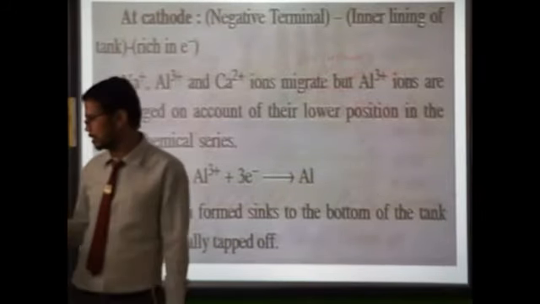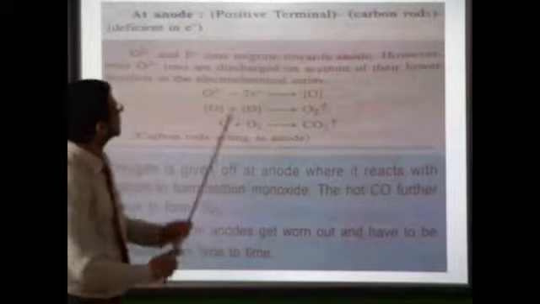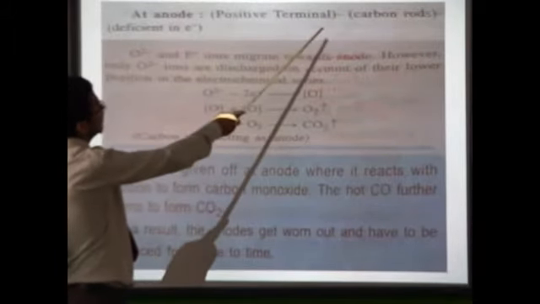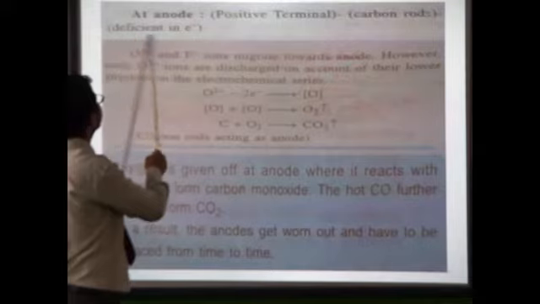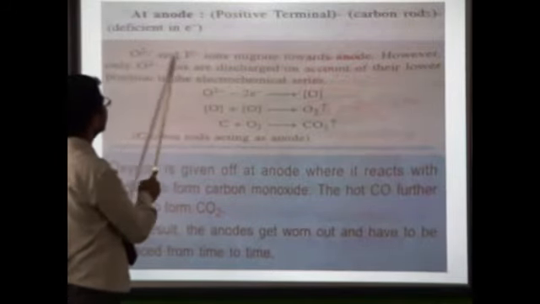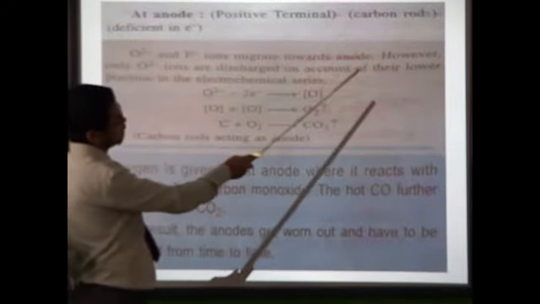This way aluminium is collected. Now at the anode, what will happen? The anode is the positive terminal, and the carbon rods are deficient in electrons. Oxide and fluoride ions migrate towards the anode.